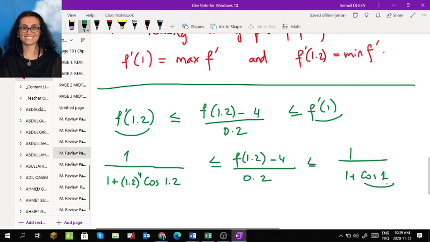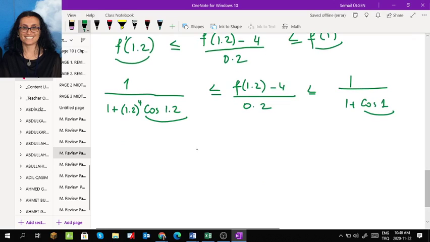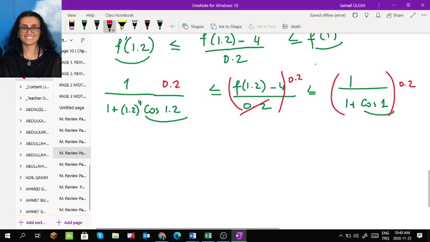These values can be found from Wolfram Alpha. And from here we just isolate f(1.2). Multiply both sides by 0.2 first, and these are going to cancel.